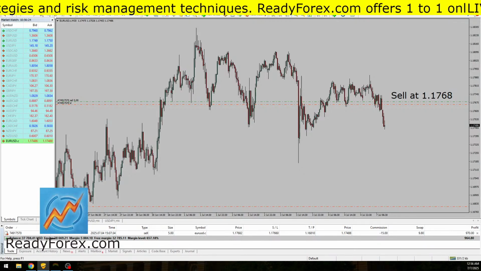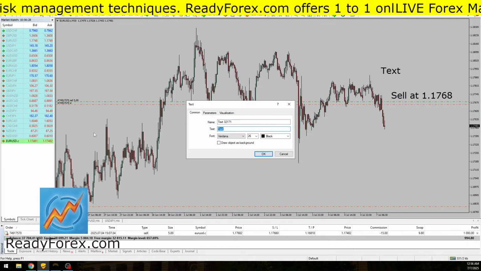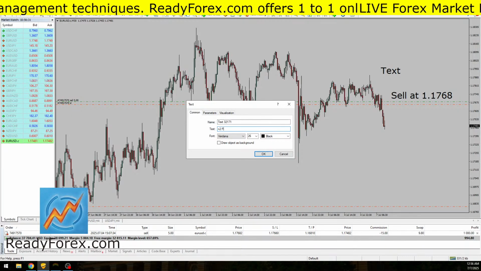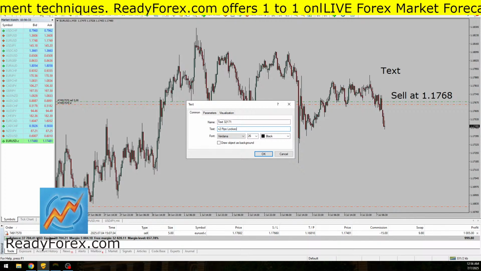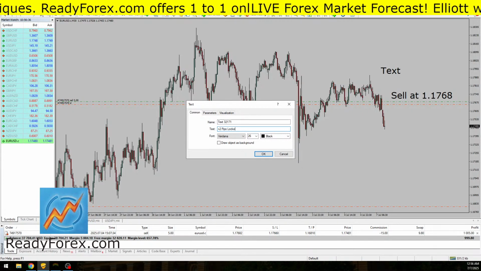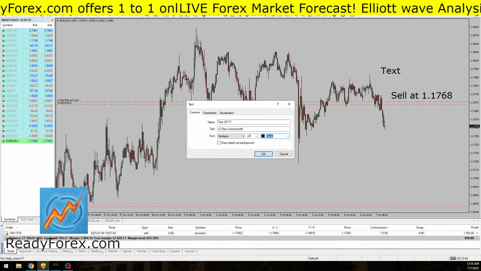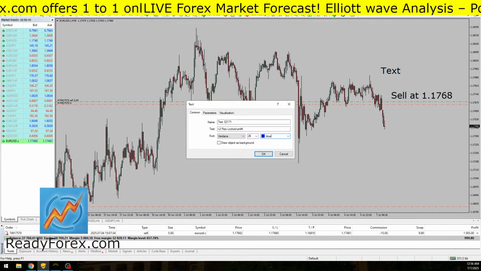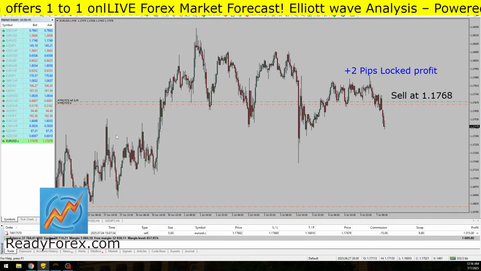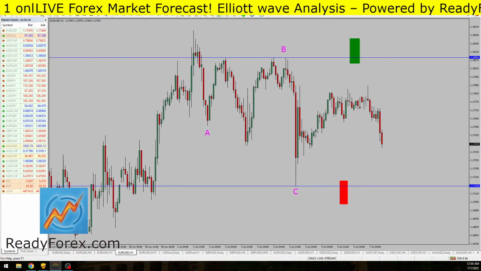Let me write it down over here. This is called plus 2 pips locked profit. Okay, now let me go over to the market analysis.